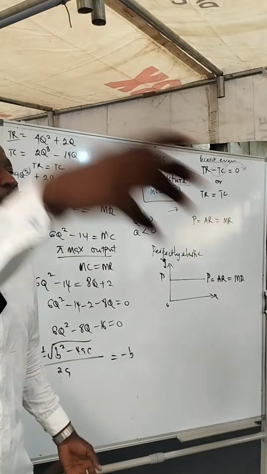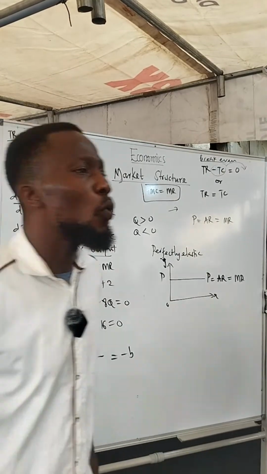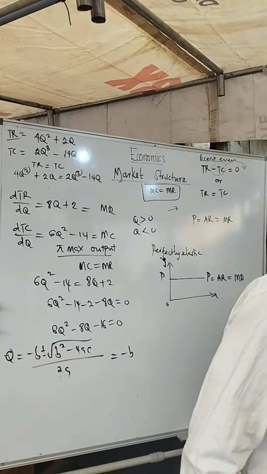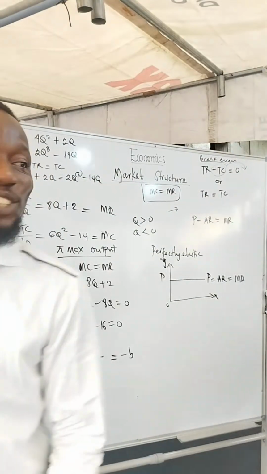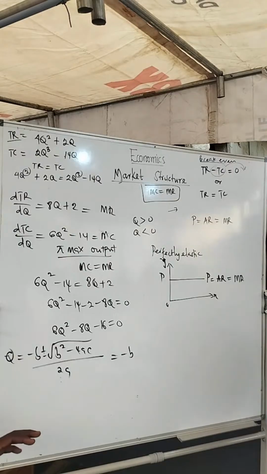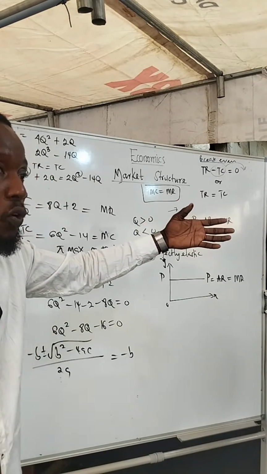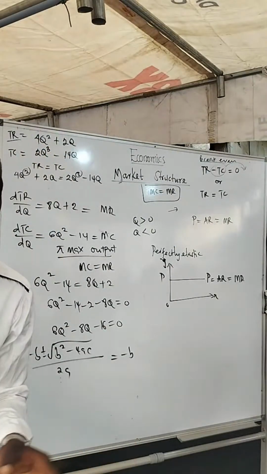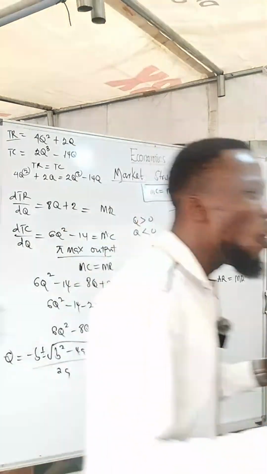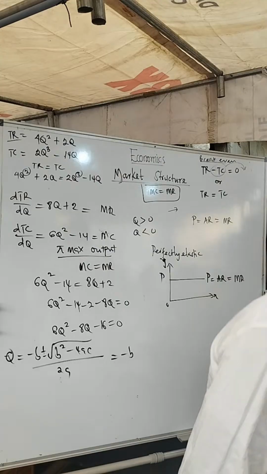And as price is falling, what will happen to supernormal profits? They will disappear. So in the long run, every firm in perfect competition tends to make only normal profit, not supernormal profits.